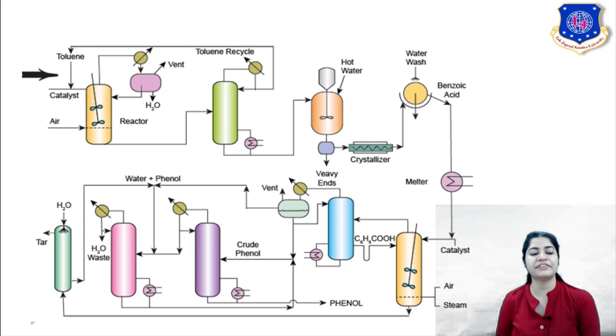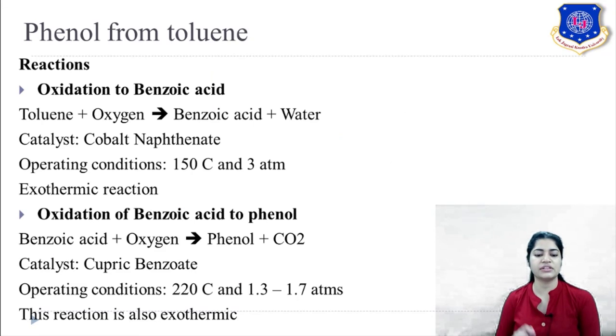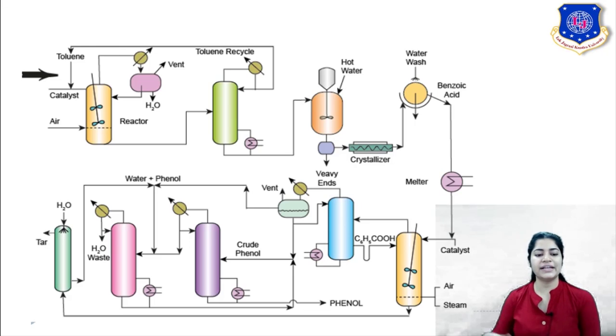Fresh toluene is used, and certain toluene recycle is also fed to the reactor where your oxidation reaction occurs. From the top, your vent gases, the gases produced in the reaction, and water is also produced. Those vent gases are taken out as air is used, so inert gas like nitrogen is present in your vent gas.